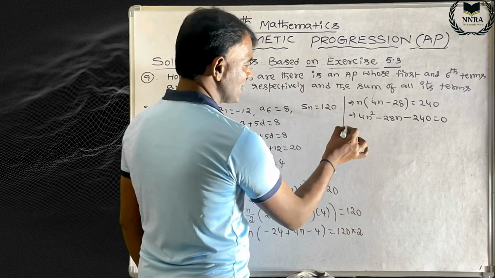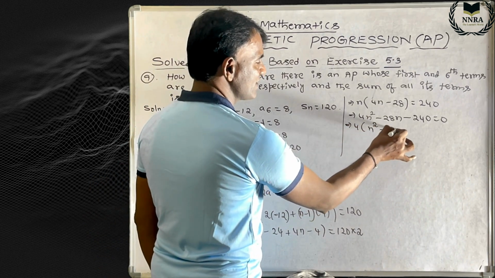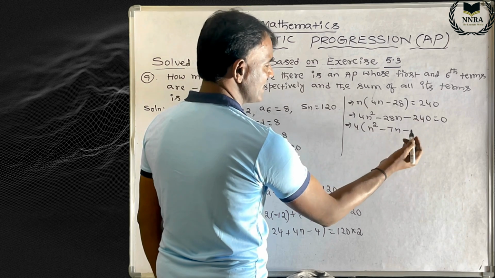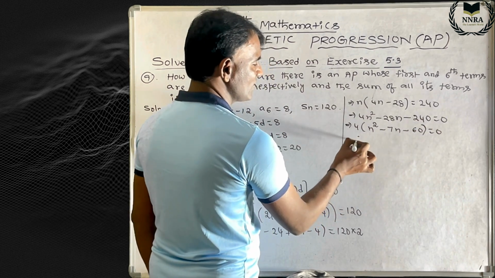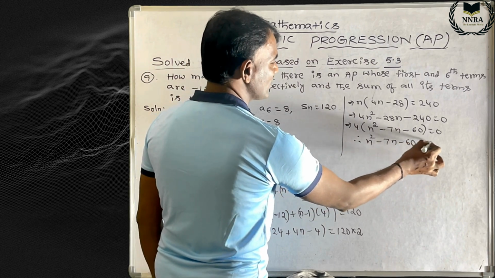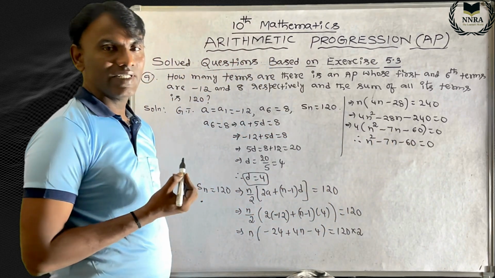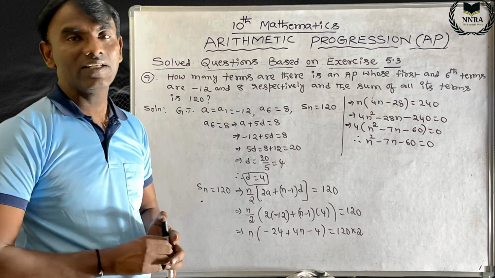And in this 4 is common. If 4 is common, what is the remaining value? n square, 7n minus how much it is? 4 6 24 means 60. So n square minus 7n minus 60 equal to 0. So that is the quadratic equation. By solving that quadratic equation, then we get the value of n.